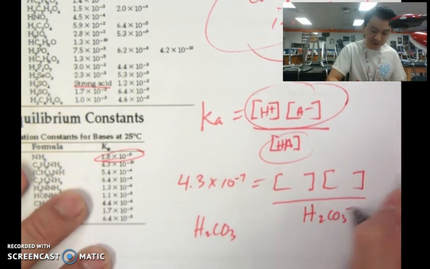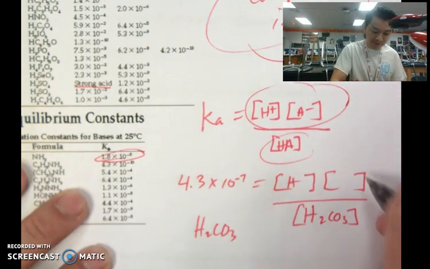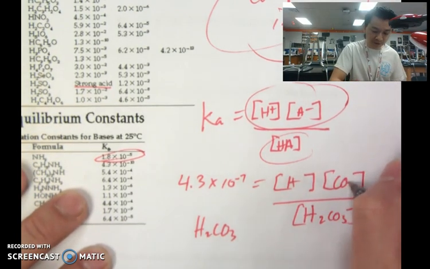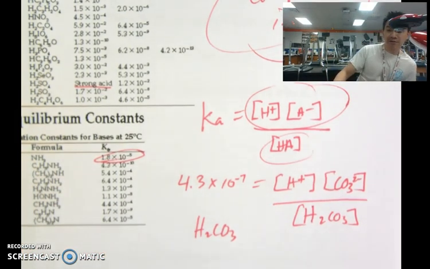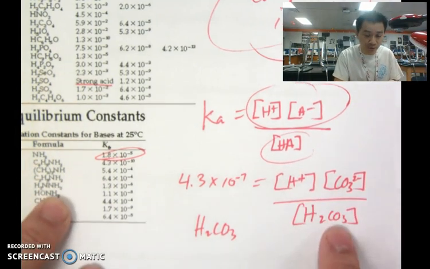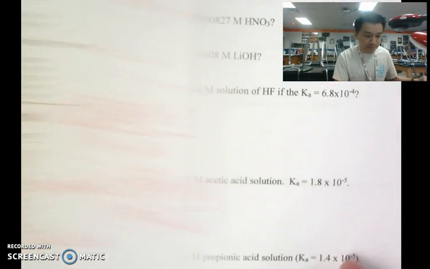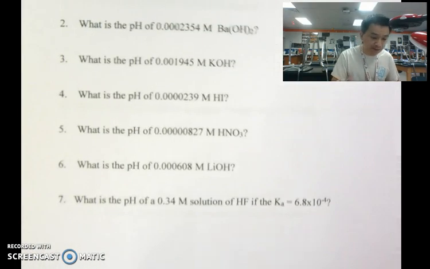That's the idea, how much they split up, and you multiply the products. These are all going to be numbers for you. We'll do a couple examples here. Let's find one that's a weak acid. HCl is strong.